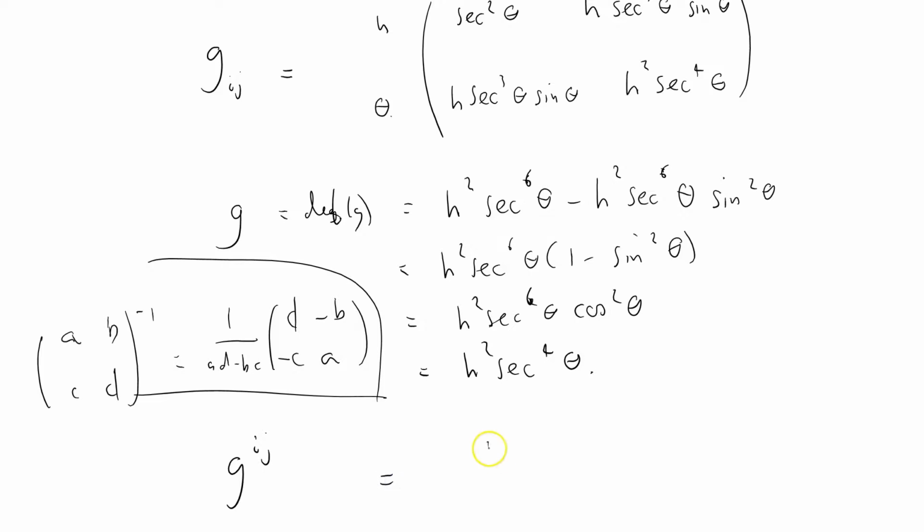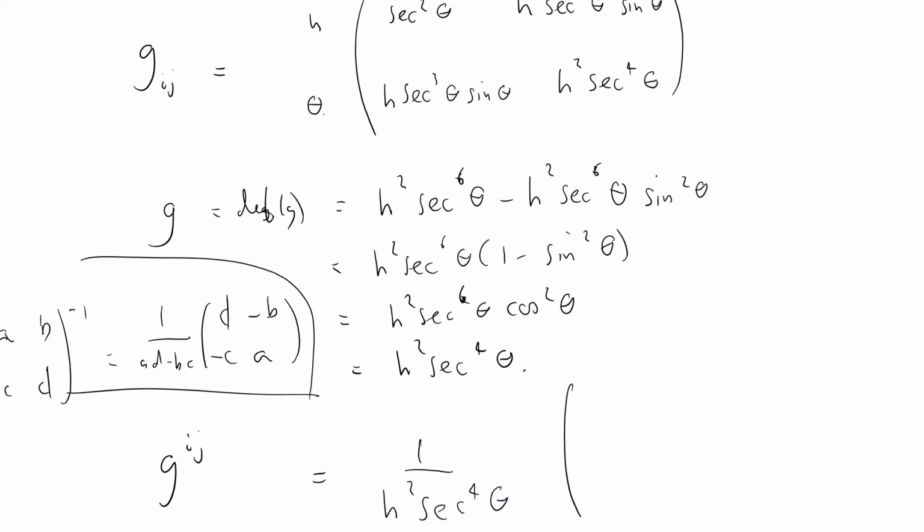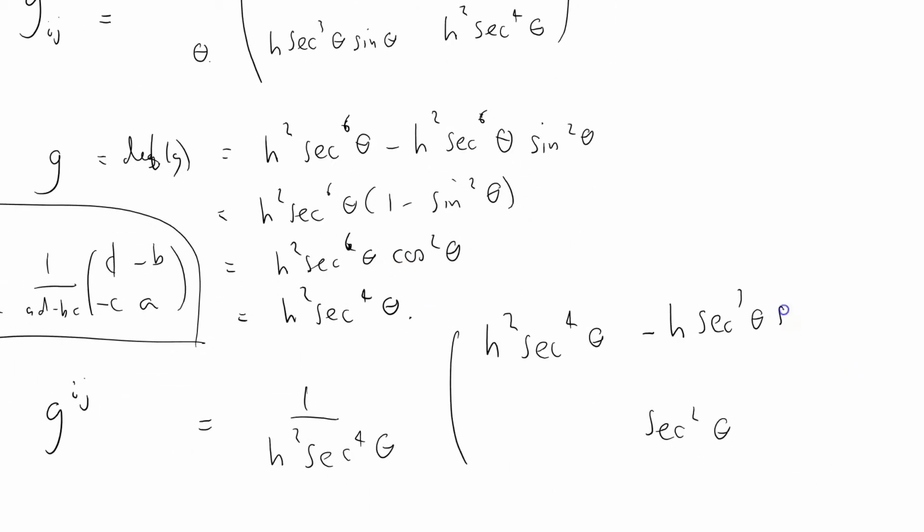So the inverse metric is 1 over h squared sec to the 4 theta, which is the determinant, times switch and swap: h squared sec to the 4 theta, because it's that term there, sec squared theta, and then a minus h sec cubed theta sine theta, and it's symmetric, sec cubed theta sine theta, which goes there.